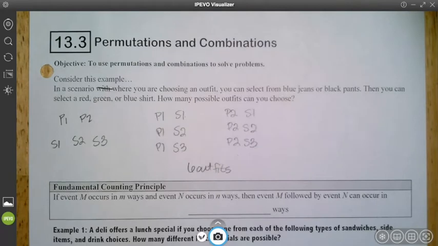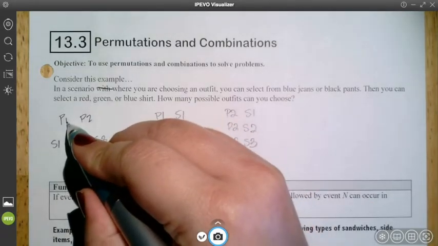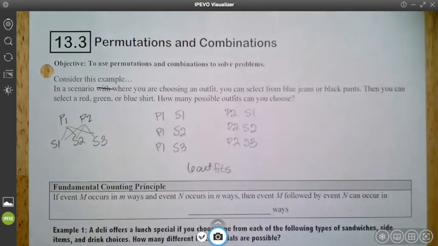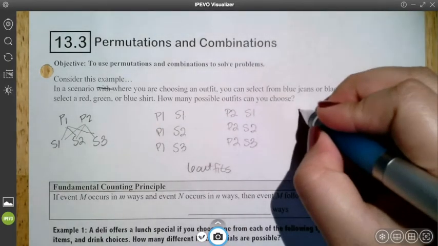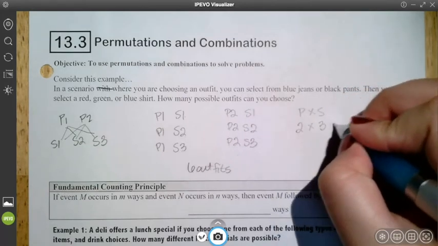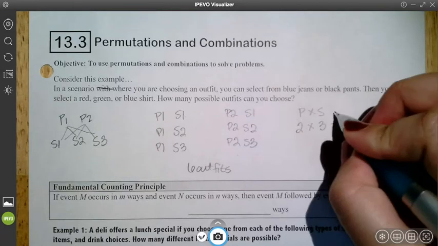Well, what's another way that we can count this without having to write out all of those options? Because what if I had 5 pairs of pants? Then this becomes a lot more tedious to write out. Well, the shortcut is for each pair of pants, I can pair it with the shirt. And so for each means it's going to be a multiplication. So I have pants times shirts, 2 pants times 3 shirts give me 6 outfits.